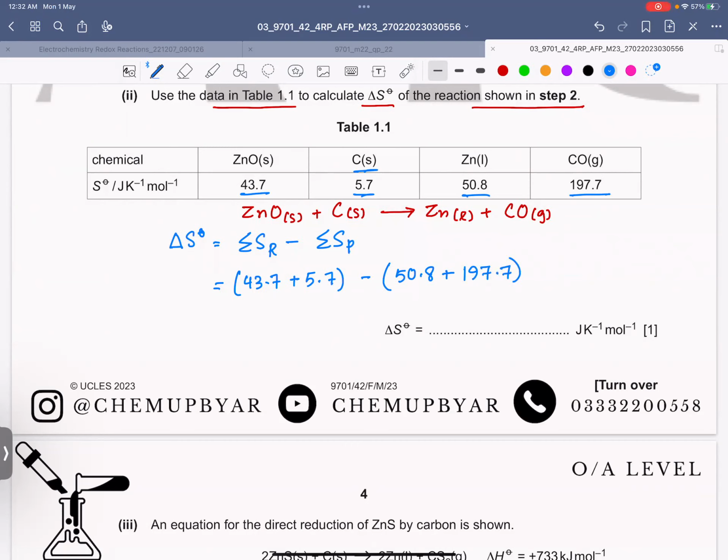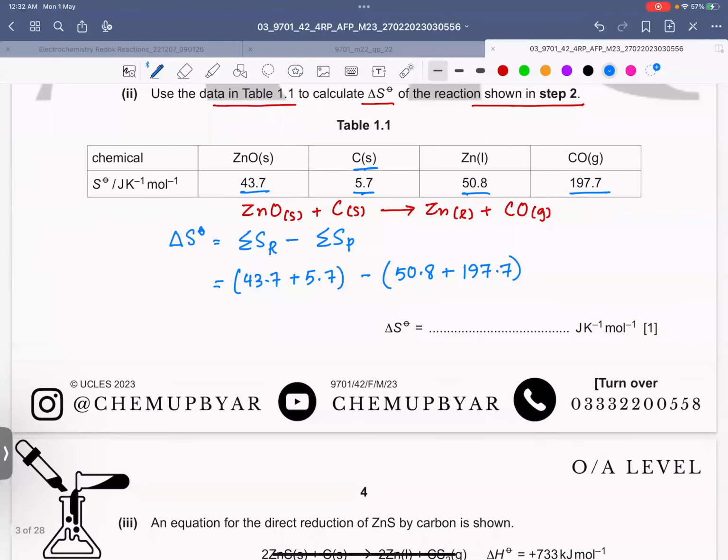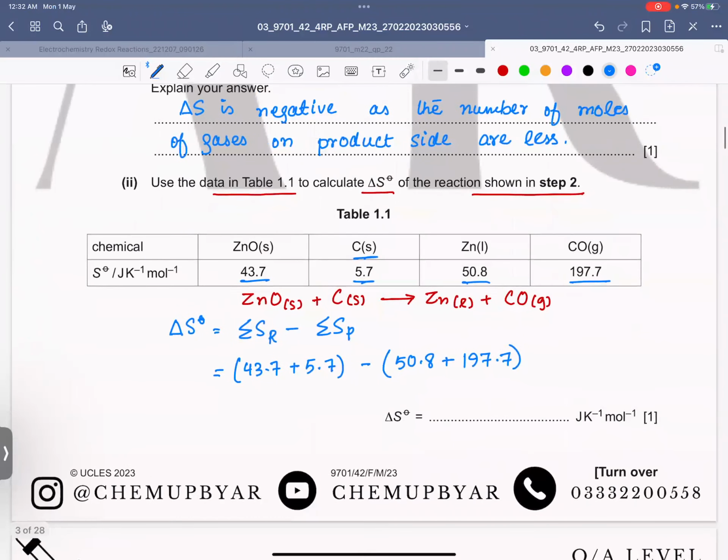Sir, isn't it products minus reactants? One minute. Product minus reactant. Sir, I think it's products minus reactants. Yeah, it's products minus reactants, so just change the sign over here.